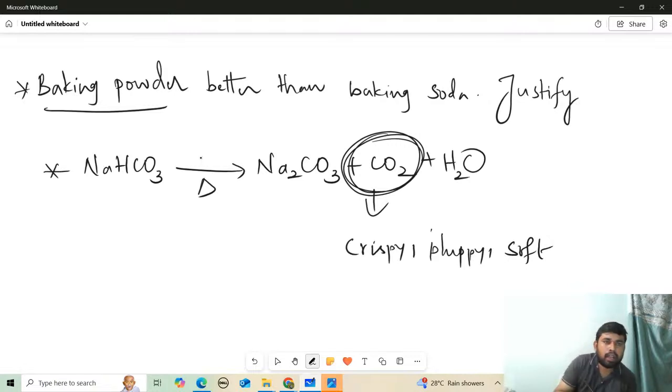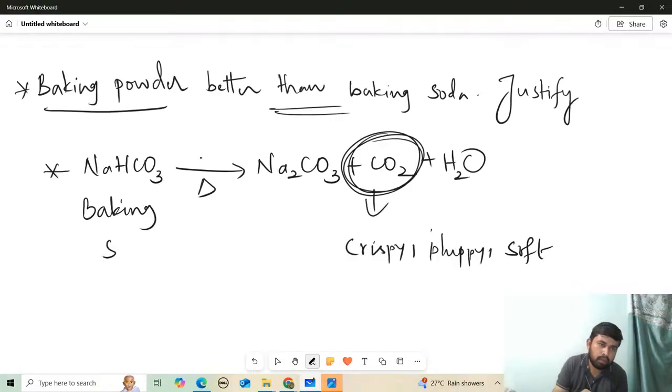Now come to the point actually. Why is baking powder better than baking soda? See, this is baking soda, which I am using in the cooking process. In this process, Na2CO3 is going to form.